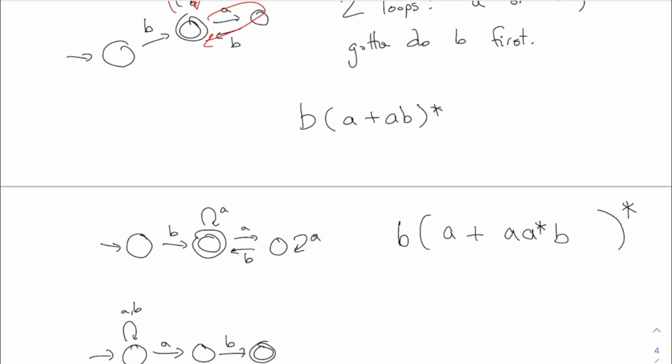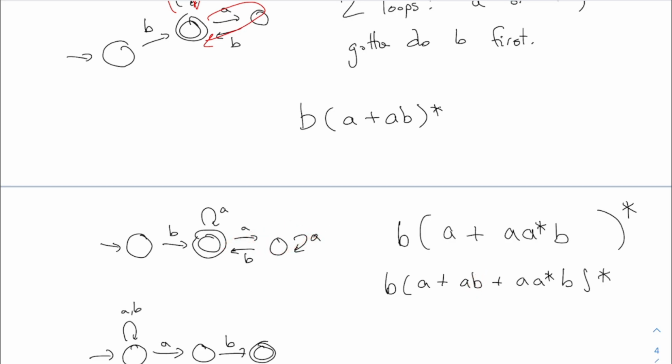One very common thing that I saw as I was walking around, some people wrote, and this is not wrong, but it's just a little redundant here. This is for folks who were looking at the picture and decided, well, you could just go A, B and just not do any of the extra A's. That would be this alternative.